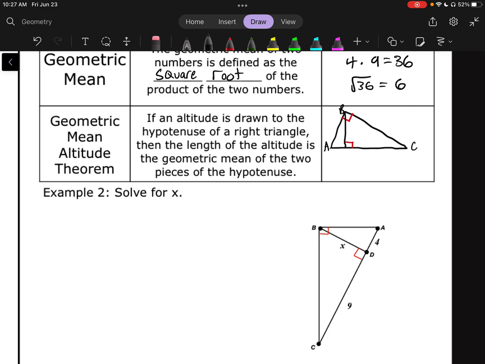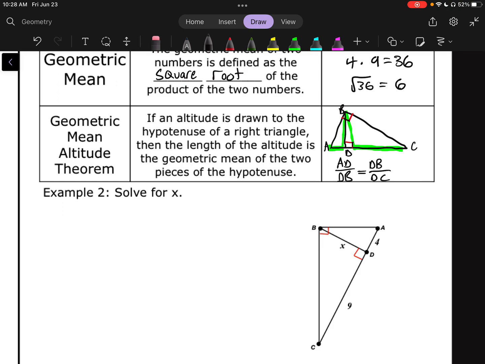If I give some letters here, we can write it out. So AD over DB is equal to DB over DC.